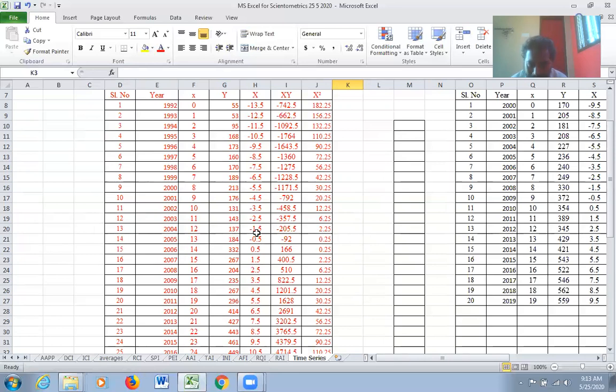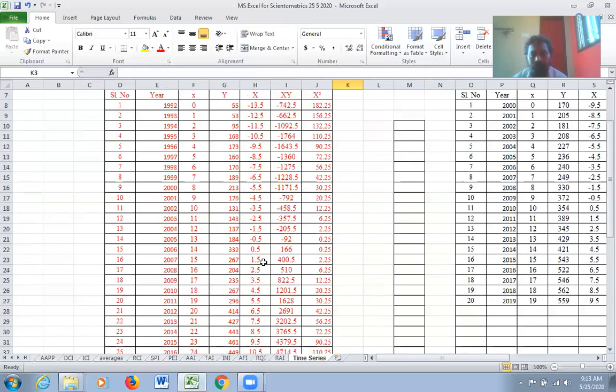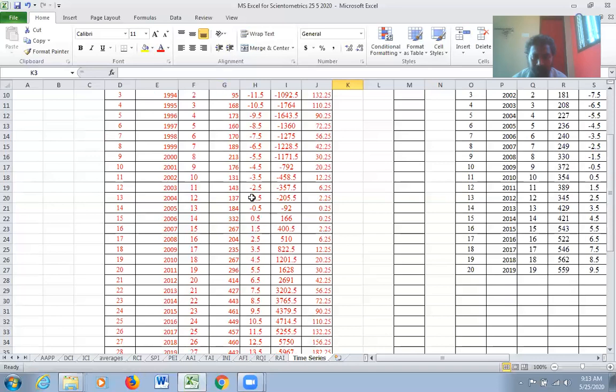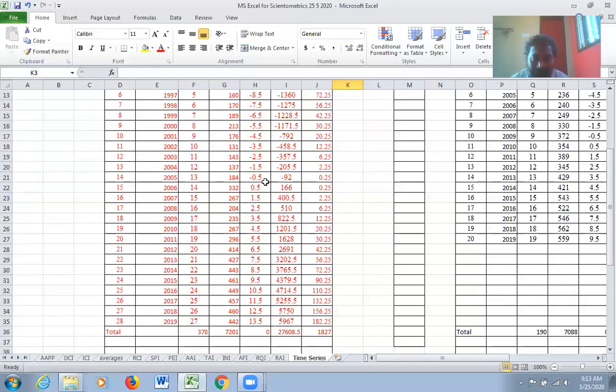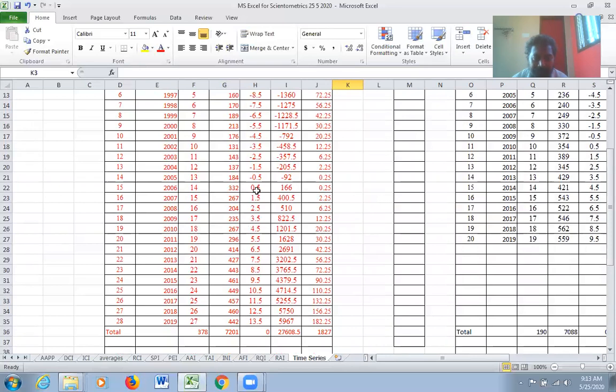Then for 13, minus 1.5, minus 2.5, minus 3.5, keep on increasing by 1. And from the 15th year onwards, you add 0.5, 1.5, 2.5. That means earlier years will have a minus symbol and later years will have a plus symbol. If you see here, it starts from minus 0.5 and goes up to minus 13.5. In the latter portion, it starts from 0.5 and goes up to 13.5. These are positive.